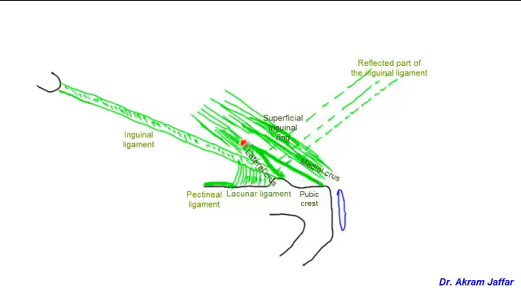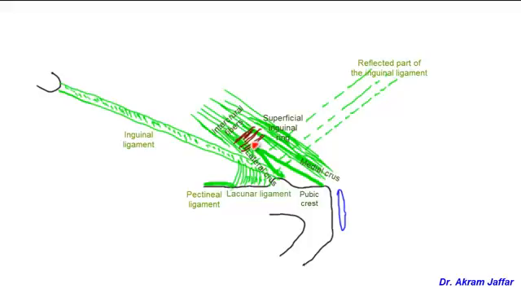In addition to the medial crus and lateral crus, there are some other fibers that run perpendicular at the apex of the superficial inguinal ring, and these fibers constitute intercrural fibers. They help to prevent the crura from spreading apart.